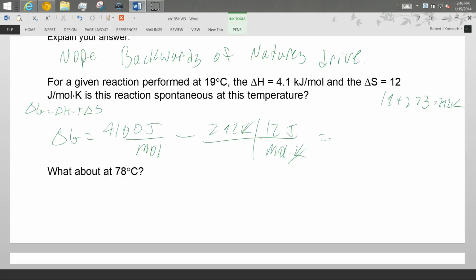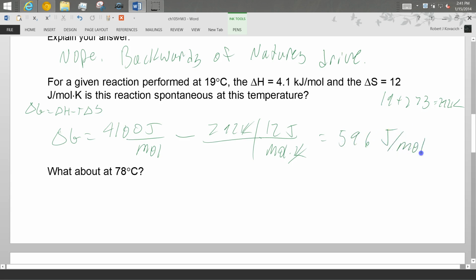All right, so we got 4,100 minus 292 times 12, and my answer works out to be 596 joules per mole. Sig figs would make us go, well, 6.0 times 10 to the second. I'll just leave it like this.